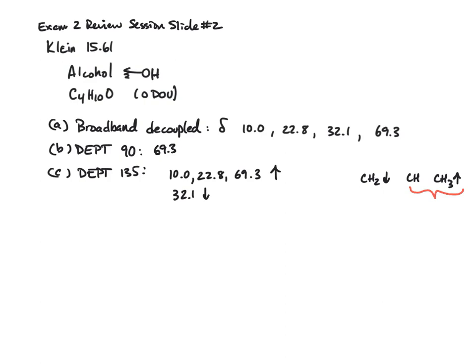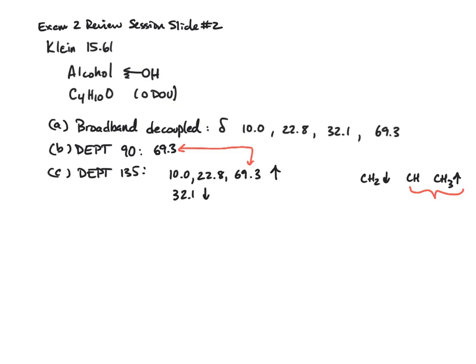So what it's telling you at this point is that this peak here is a CH. So you've differentiated them. You have two CH3s, one CH, and one CH2.